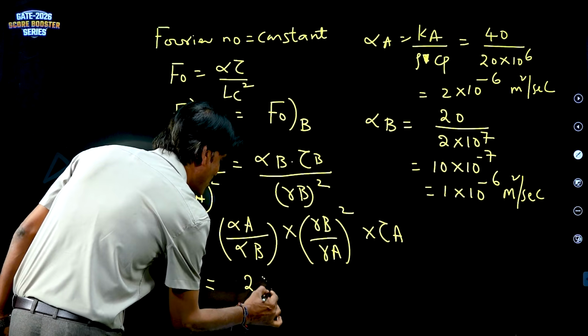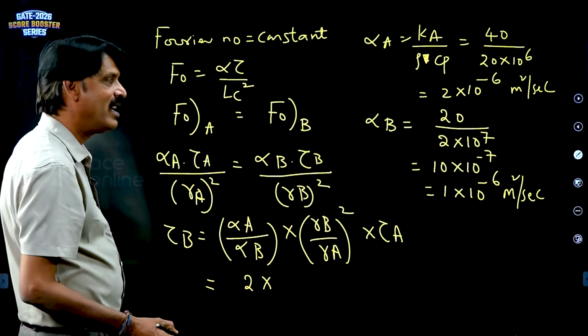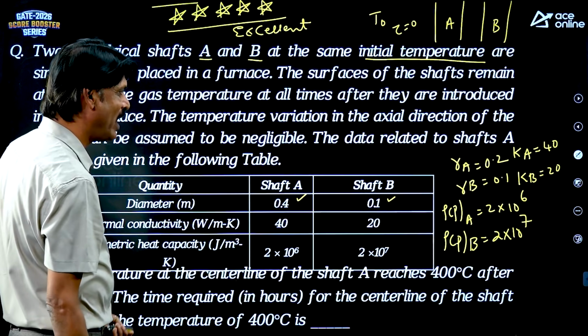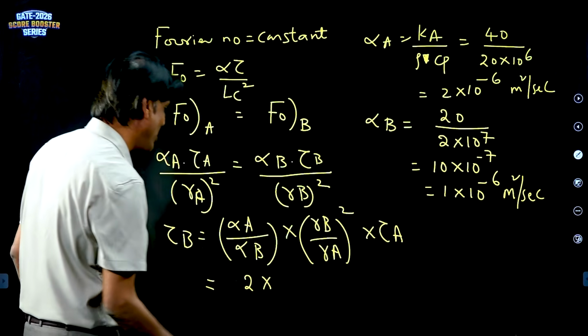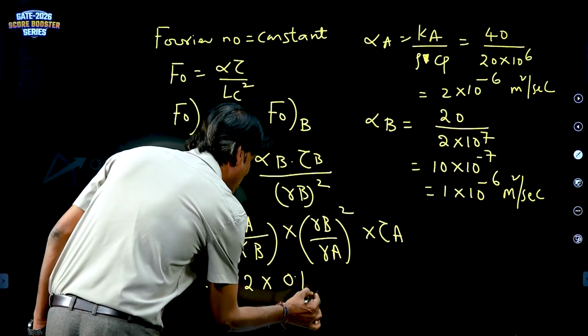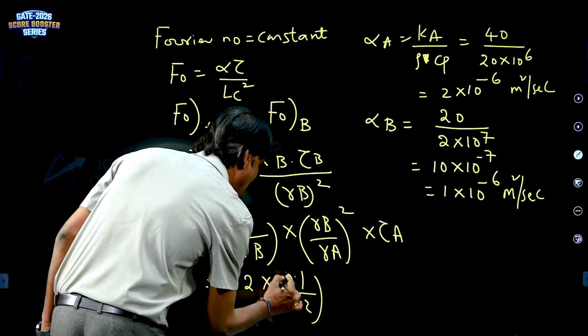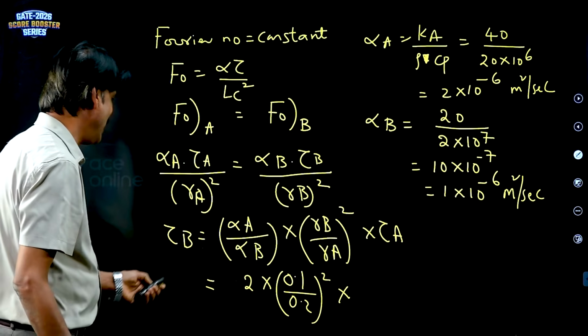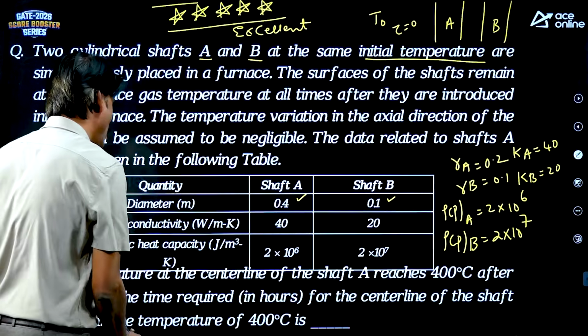So this value is 2 into, radius of B is 0.1 and radius of A is 0.2, 0.1 by 0.2, half square, into the time it has taken, which is 2 hours.